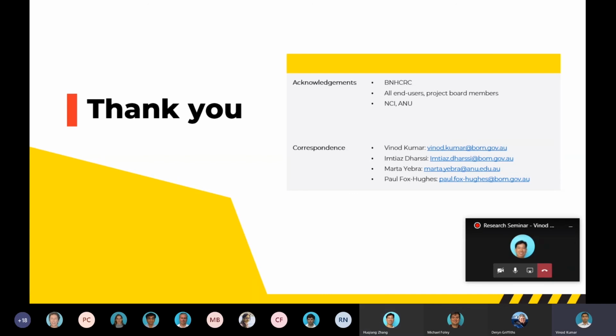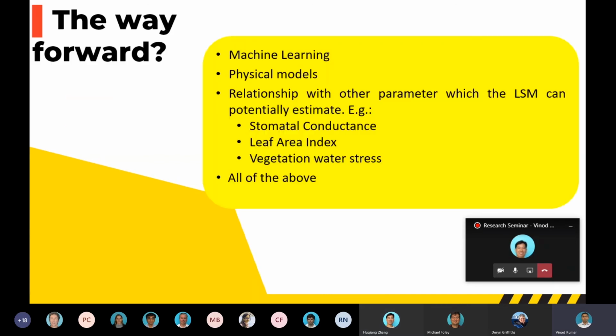Recently we had a chat with Sujay Kumar at NASA, who were looking into something called vegetation optical depth, which I think is a proxy for the plant water content, and they actually found very good correlation between the leaf area index and the vegetation optical depth.